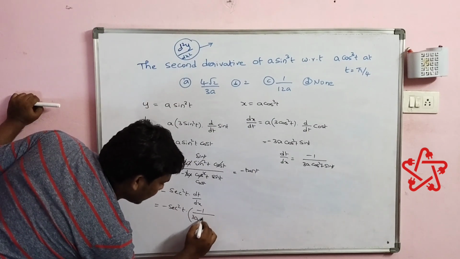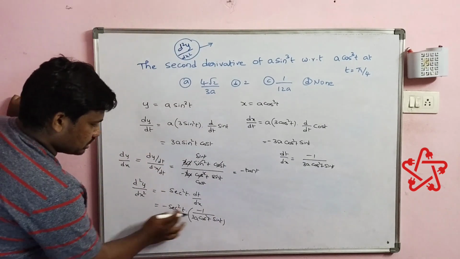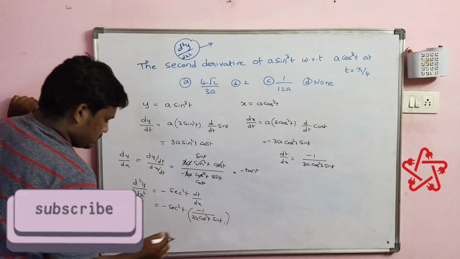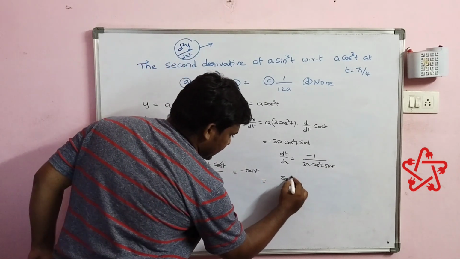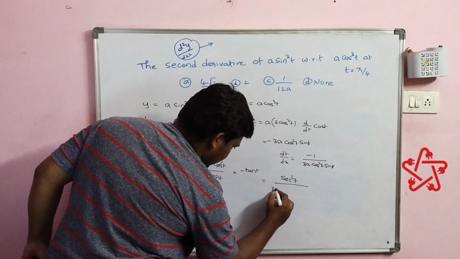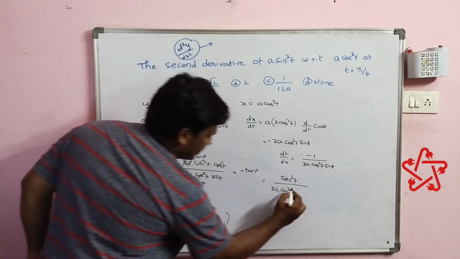Now substitute the value. Minus 1 by 3a cos square t into sin t. Minus of minus will become plus, and it becomes secant square t divided by 3a cos square t into sin t.